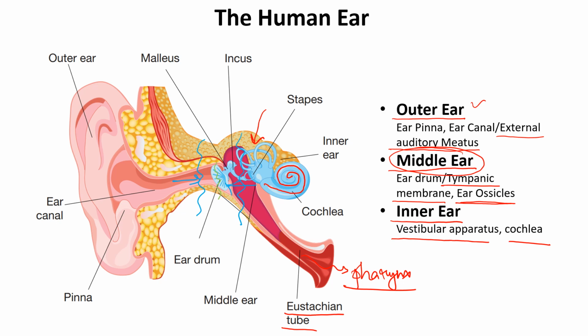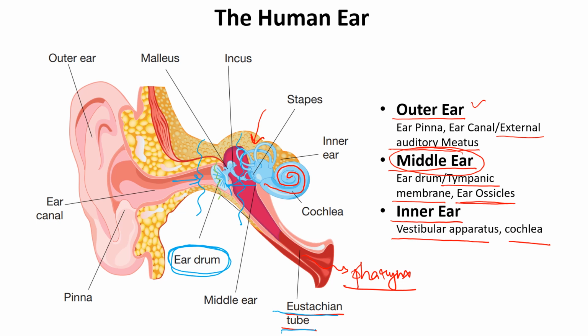This discomfort can be cured by yawning or opening your mouth widely, which releases the air pressure through this eustachian tube, and that again rebalances the air pressure on both sides of the eardrum, and then the discomfort goes away.